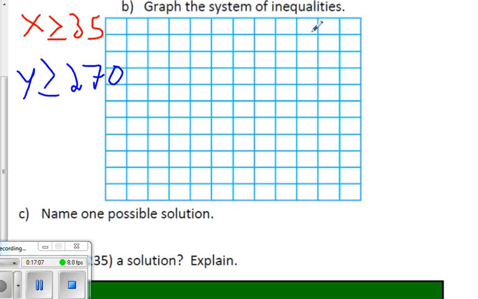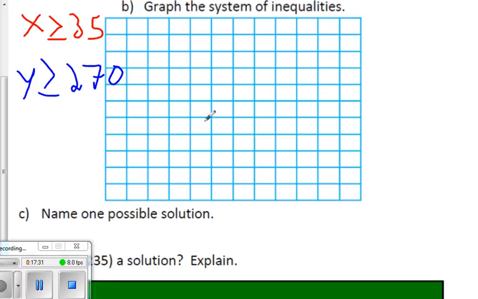Going on to B then, we need to graph our system of inequalities. Okay, we are going to use this graph, but we're going to scale it kind of differently. As we go along our x-axis here, how many do we have? 1, 2, 3, 4, 5, 6, 7, 8, 9, 10, 11, 12.